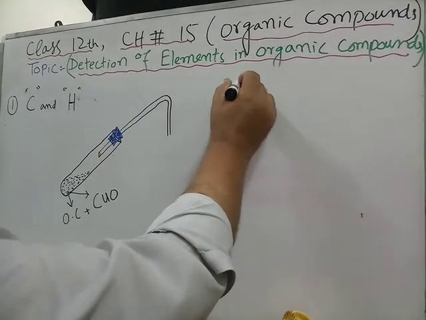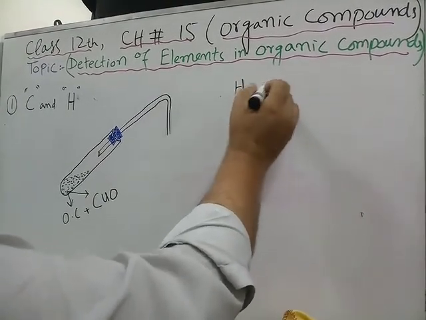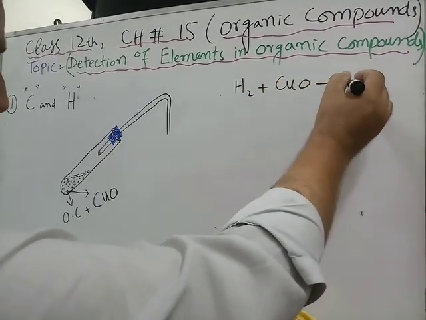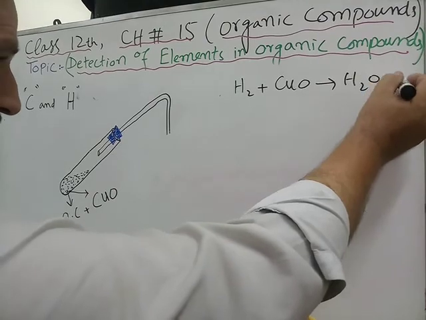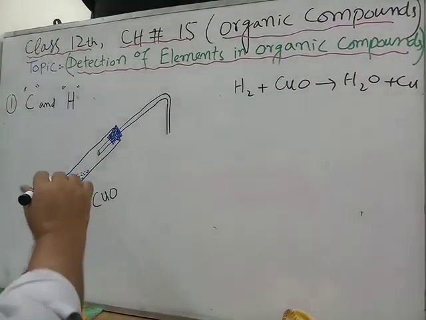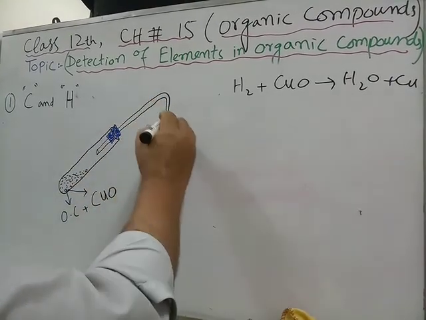The reaction takes place like this: hydrogen plus copper oxide gives us H2O, and copper is liberated. So water vapors are produced here. They come through the delivery tube.